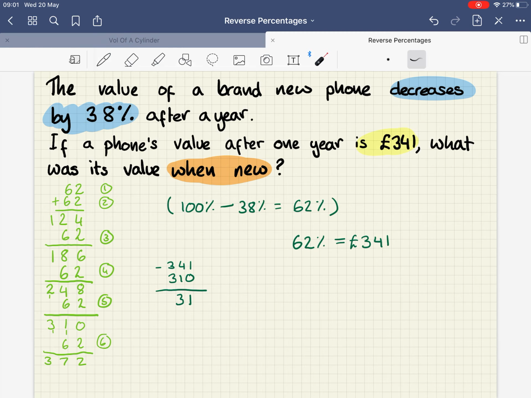And if I was to half 62, half of 62 is going to be that 31. So that means on top of the 5 that I had before, I want half of what I am dividing by right now. So that means when I divide this by 62 to get to 1%, this bit here is going to be 5.5.